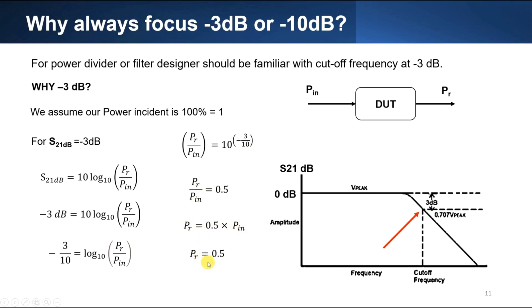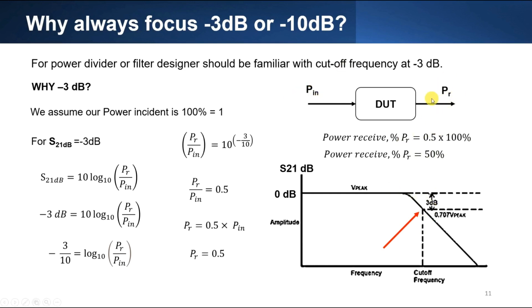So our power received is equal to 0.5, which means in percent it is 0.5 times 100%. You will get a power received of 50%. This means at the cutoff frequency, we have at least 50% of the power received from the input.